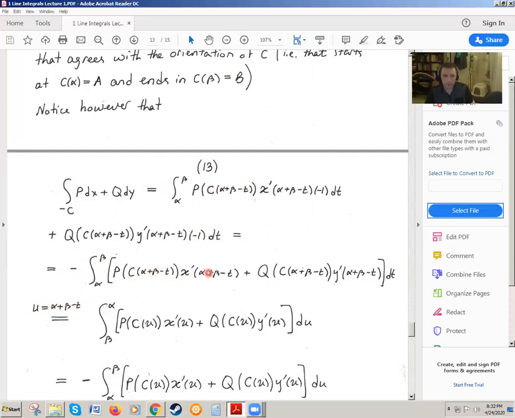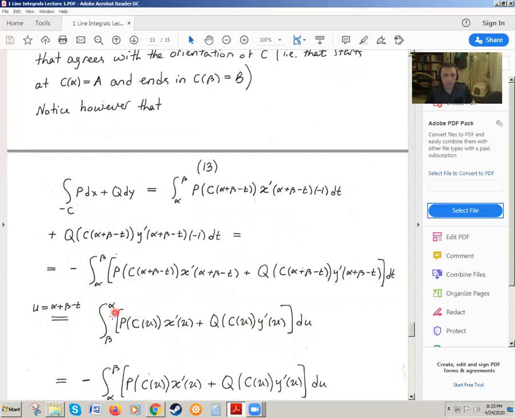Now I can make a u substitution. I can borrow this -1 and place it back. I make a u substitution where I take this to be u. So now I have a parameterization that resembles very much what I would get if I were to work with c, not with minus c. Except that the integral begins at beta and ends at alpha.